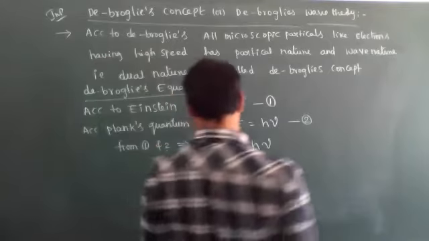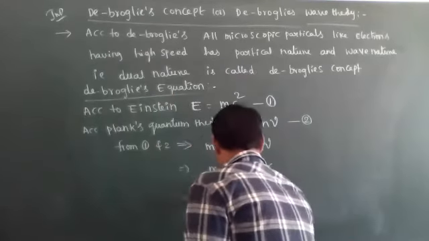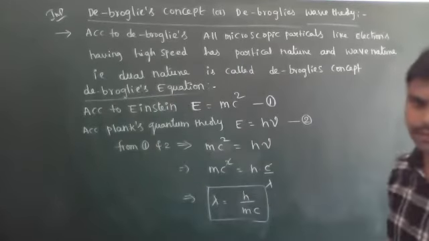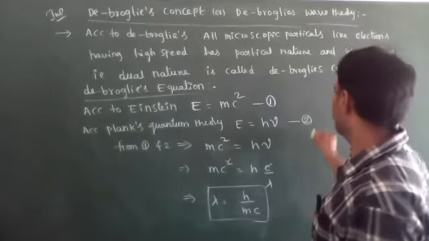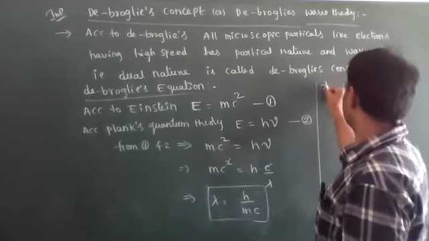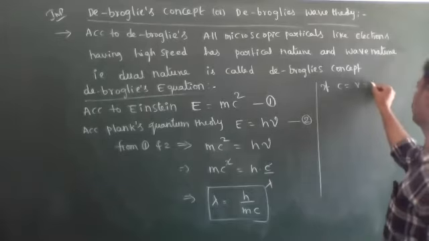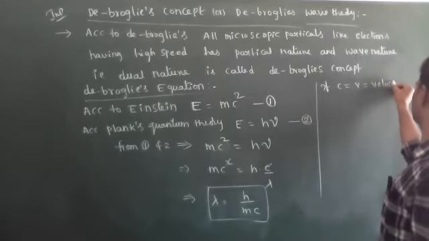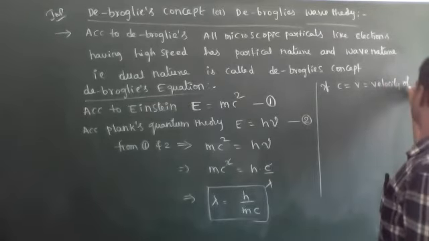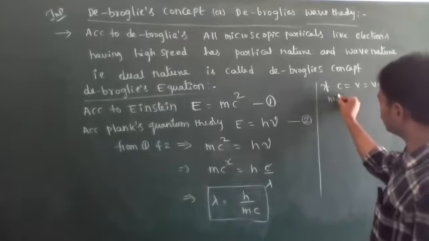Here c means the velocity of light. If c is equal to v, the velocity of microscopic particles.